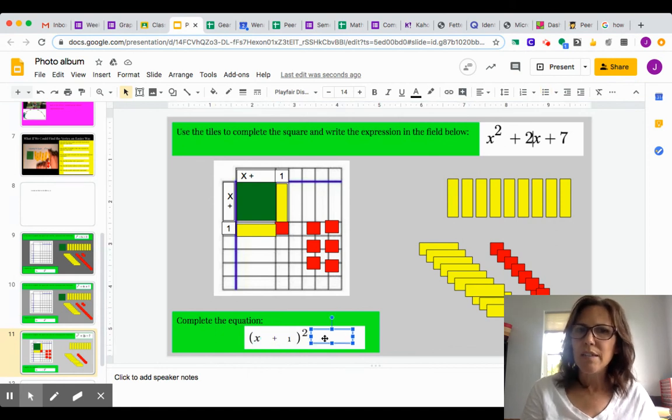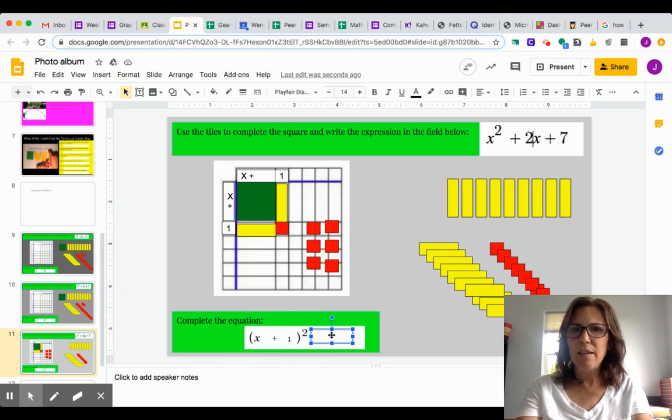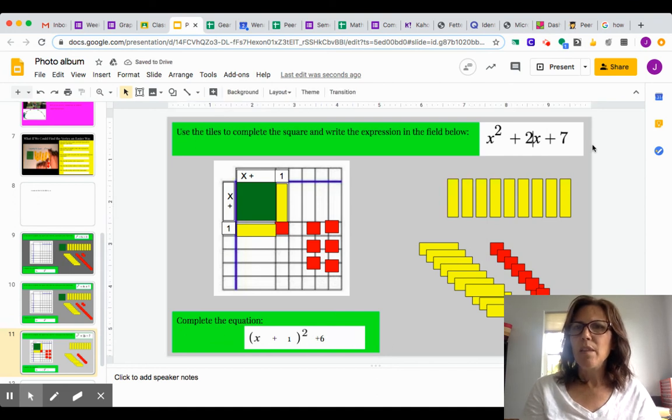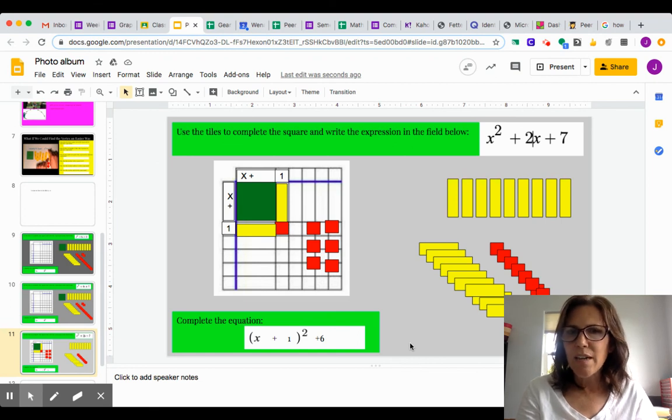Well, I'm going to click here, and because they're extra, I'm going to go ahead and say plus 6. So this expression rewritten in vertex form or shown by my algebra tiles is x plus 1 squared plus 6. Okay, hopefully you could follow that. Go back and watch the video if you need to complete the 3 tiles on your slides, and good luck.